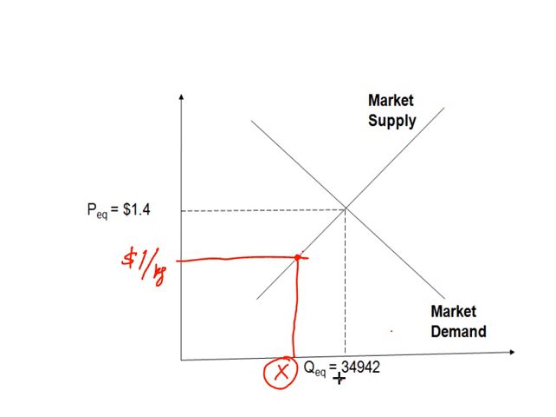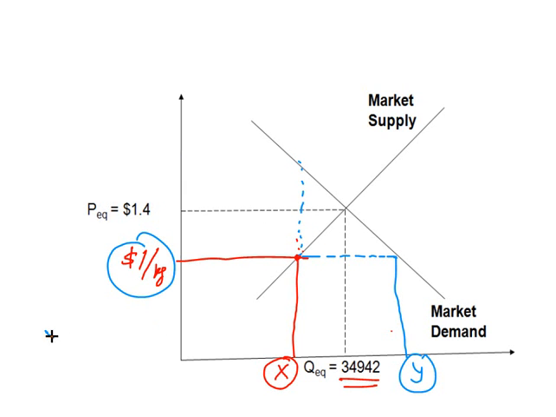This X quantity is less than the equilibrium quantity. At this price of $1 per kg, you see that there is a demand of Y. Naturally that Y is greater than equilibrium, and X is lower than equilibrium.